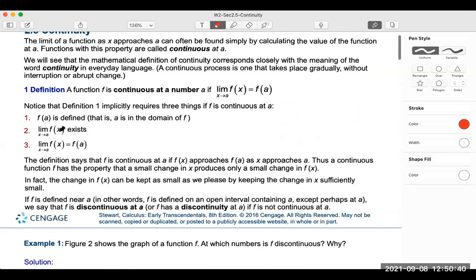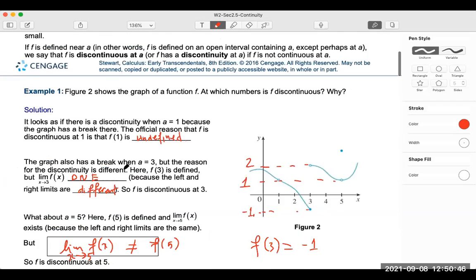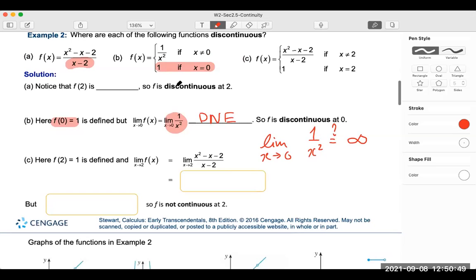The second one, right? Therefore, it is discontinuous at 0. Is the second example clear? If not, just raise your hand.